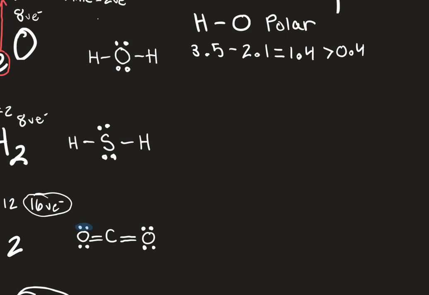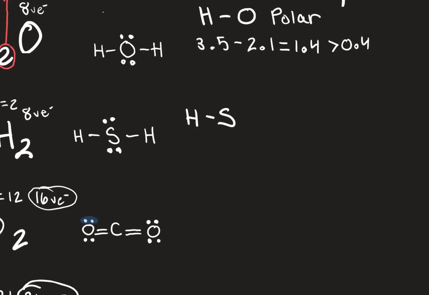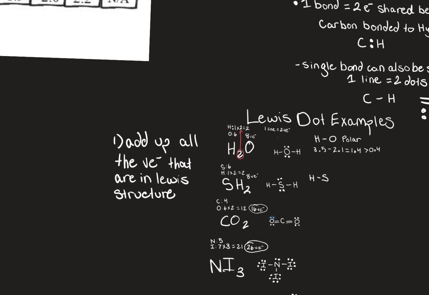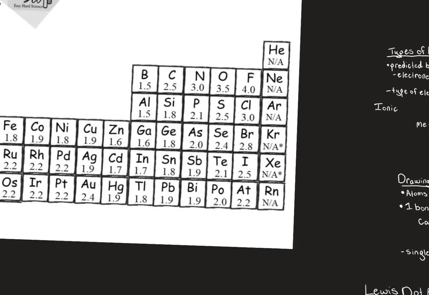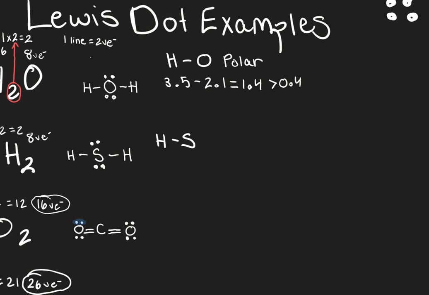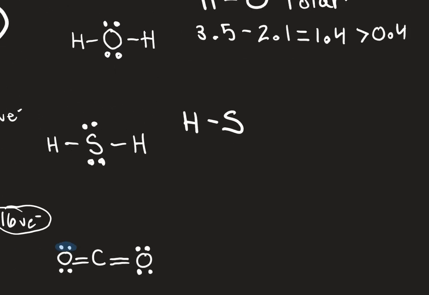All right, so now let's look at a hydrogen to sulfur bond. Hydrogen, again, has a value of 2.1. Sulfur has a value of 2.5. So we're going to do 2.5 minus 2.1.